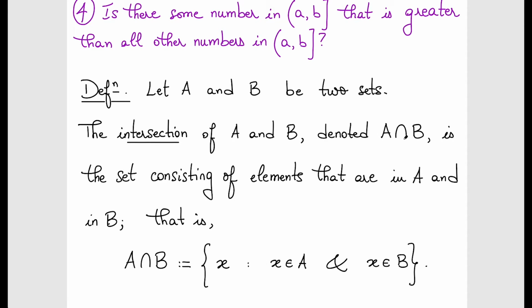This means the intersection between A and B. And what is that? It means, again, what you might think it means. It's the set consisting of elements that are at the same time in A and in B.